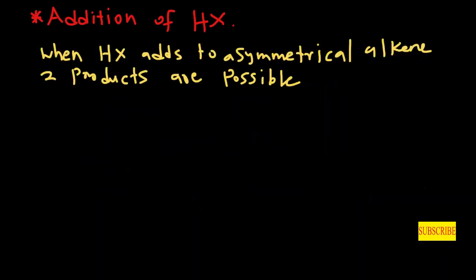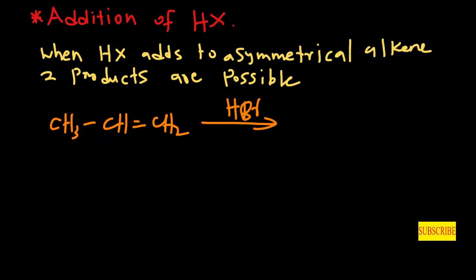Also, when HX adds to an unsymmetrical alkene molecule, two products are possible. Then we need to consider this alkene. This one reacts with HBr, and we will have two products like this.